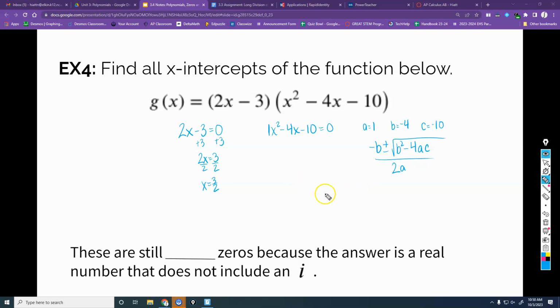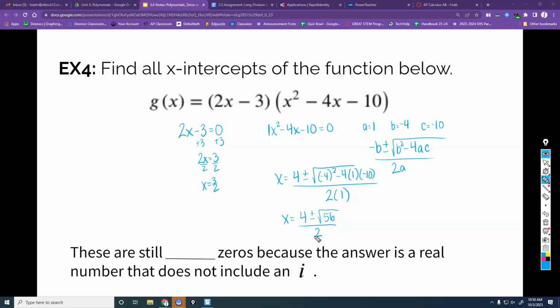And so for this one, it would look like this. -4 is going to be a positive 4, plus or minus the square root of -4 squared minus 4 times 1 times -10 all over 2 times 1. And so that is 4 plus or minus, that's going to give us 16 plus 40, square root of 56, all over 2.